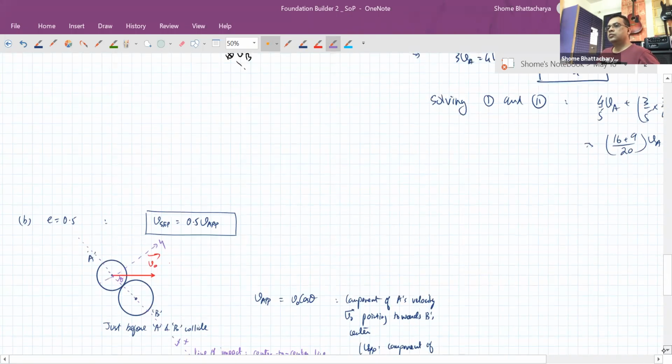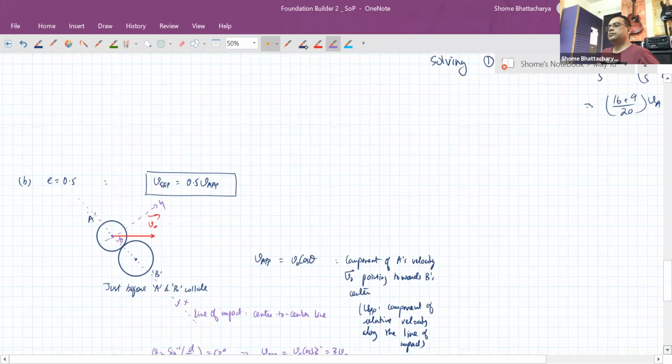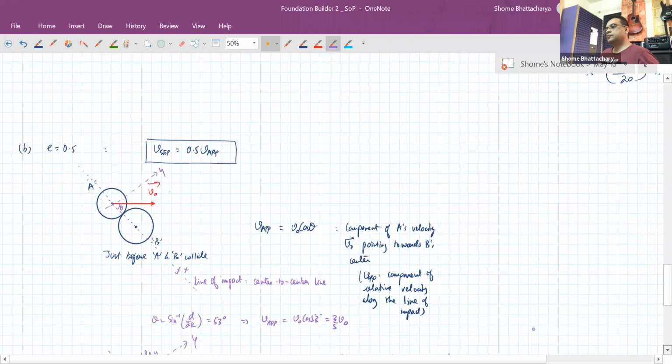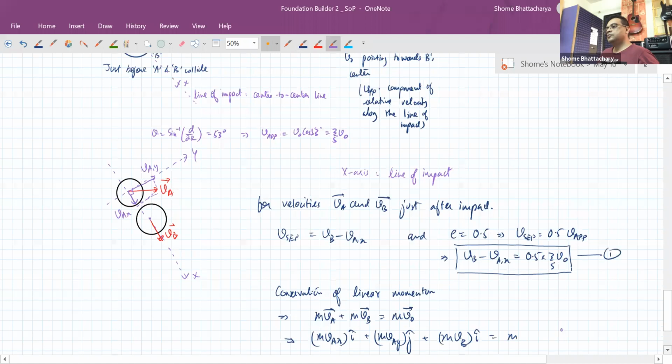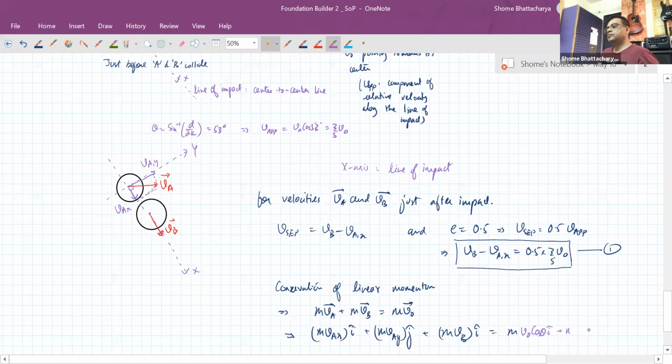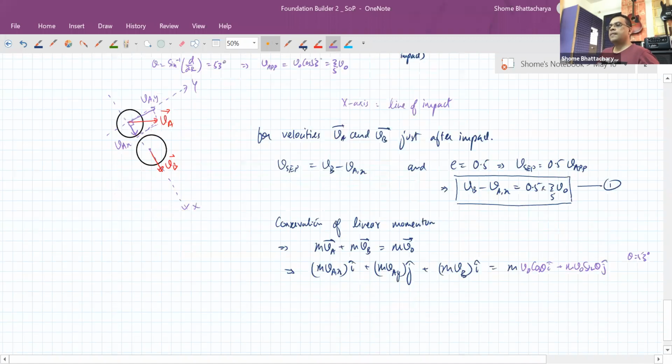Where theta was 53 degrees. So comparing both sides of the equation, I'll get now two equations here. On the other side, this is V0 cos theta.